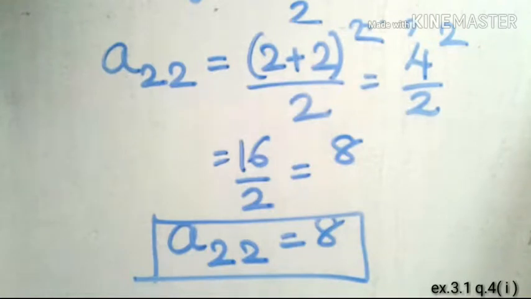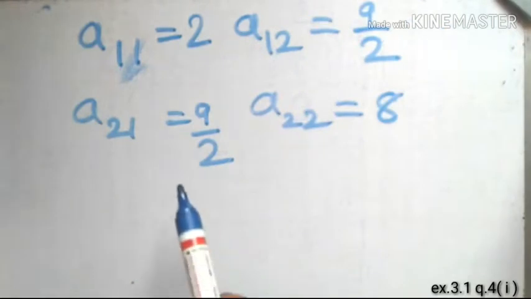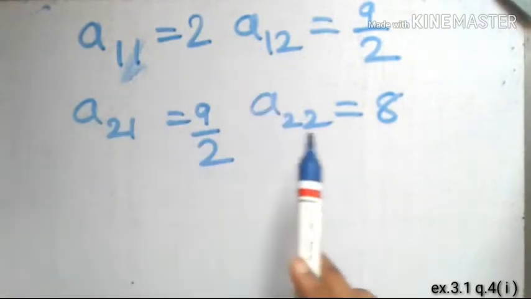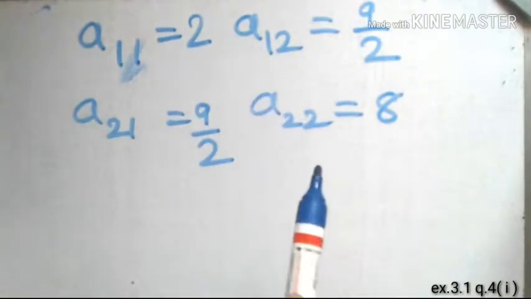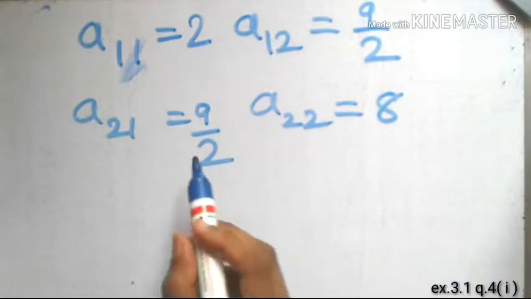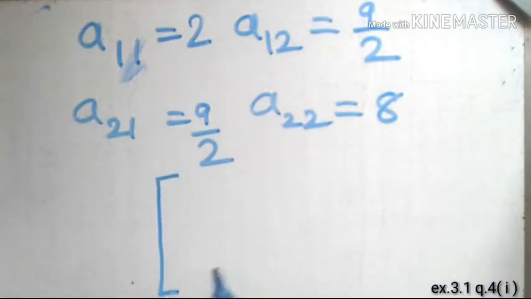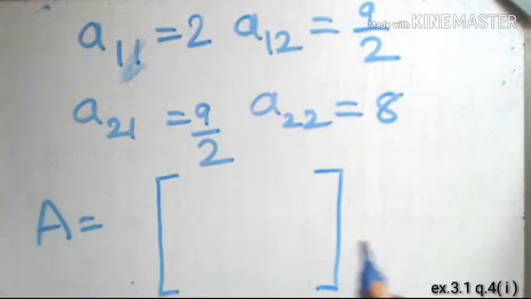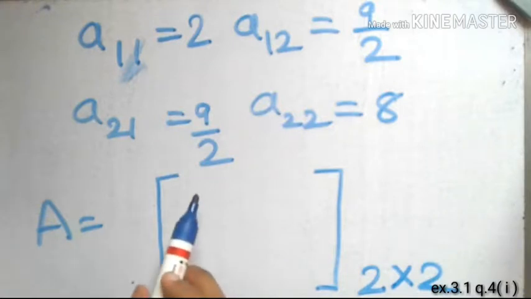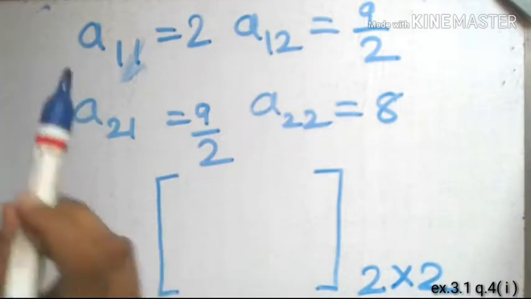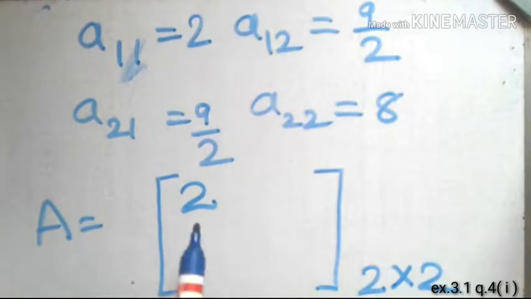The last step is to arrange it in the form of a matrix. Let's do that. These are the 4 matrix elements whose values we have found. Let's just write it in the form of a matrix. So here is my matrix A. It's going to be of the order 2 by 2. My first row, first column, that is A11, the entry is 2.